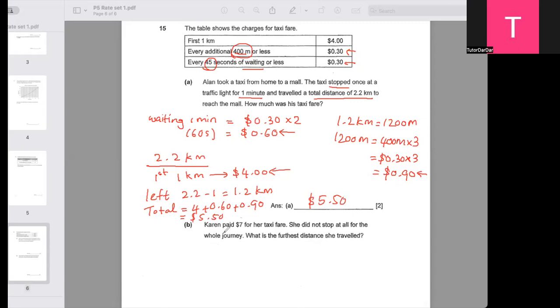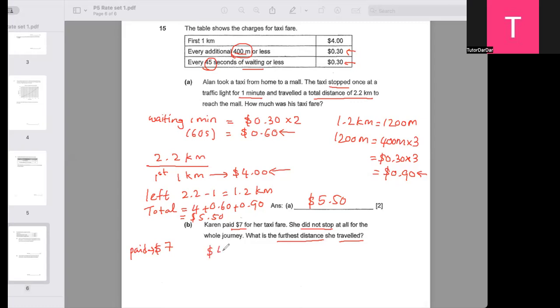Now B. Karen paid $7 for her taxi fare. She did not stop. So that means we don't have to think about waiting at all for the whole journey. What is the furthest distance she traveled? Now, she paid $7. We know first 1 kilometer is $4.